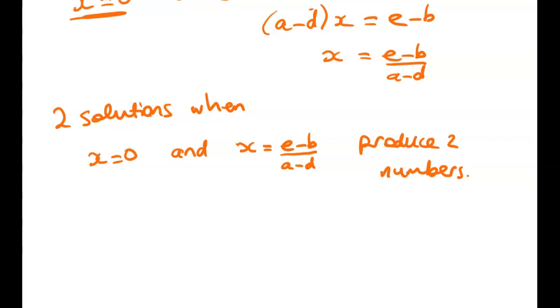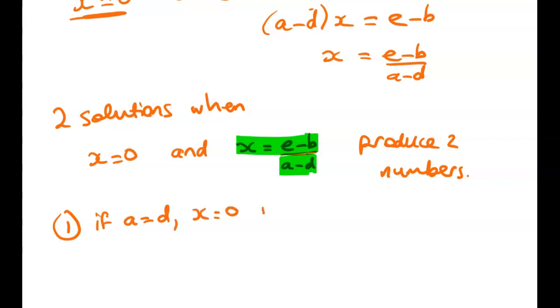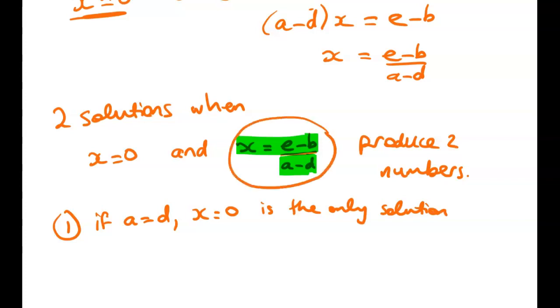Well, the first thing to notice is that we're not going to have a second solution if a is equal to d. So if a is equal to d, then x equals 0 is going to be the only solution, because this is going to be undefined.